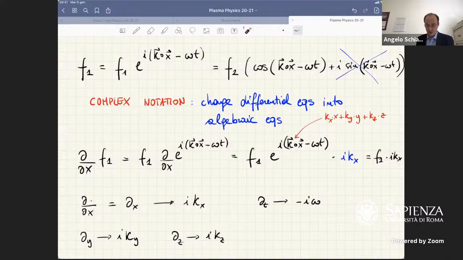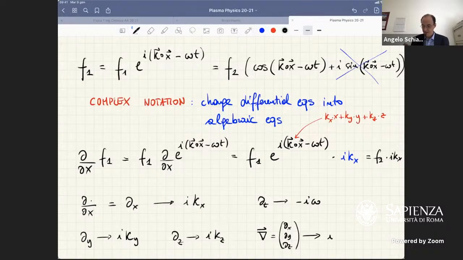If we combine the three spatial derivatives into vector notation, you know that you have the nabla operator, which is the gradient operator we apply to a scalar function, equal to dx, dy, dz. The nabla operator becomes equal to multiplying by i times the k vector, the wave vector.